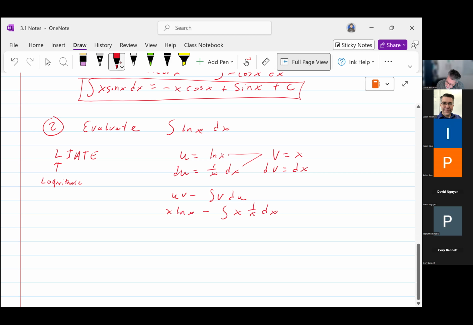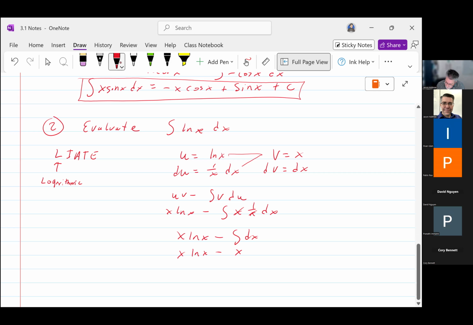And notice that the x and the 1 over x will cancel out. And so I'm just left with x natural log of x minus the integral of dx. Well, we just saw what that integral was. What was the integral of dx? Yeah, it was x, right?